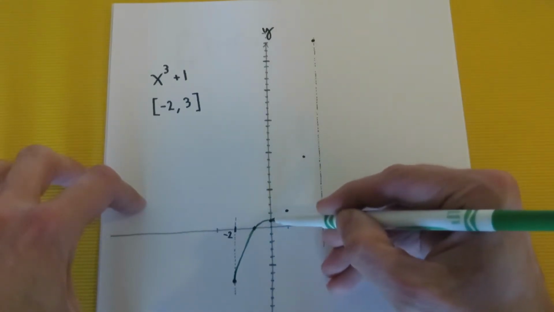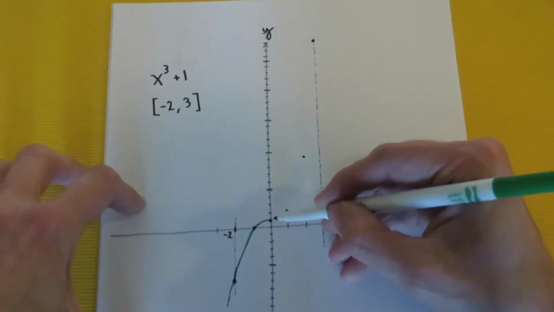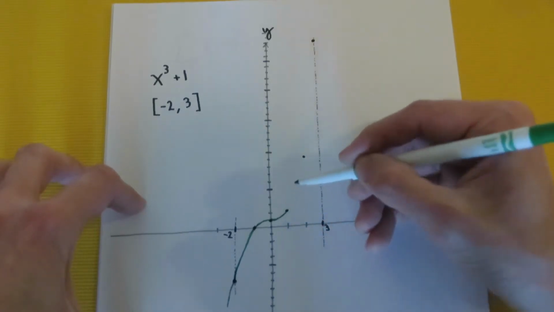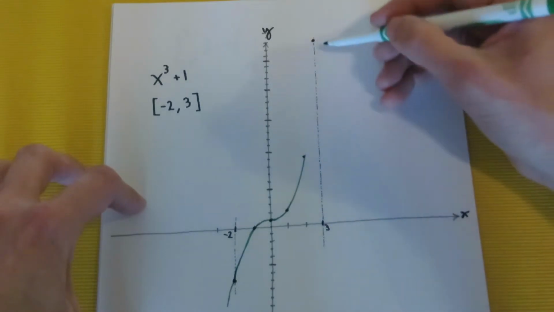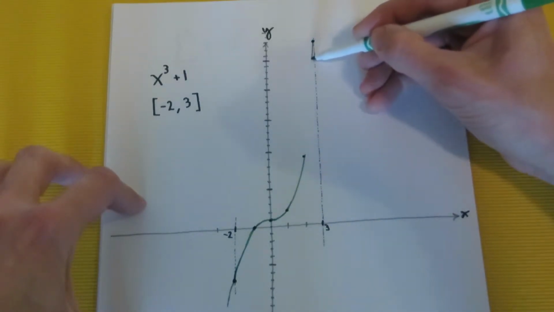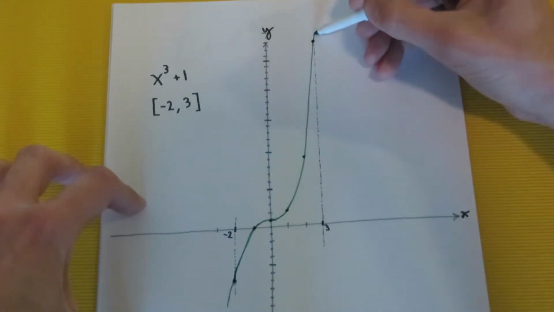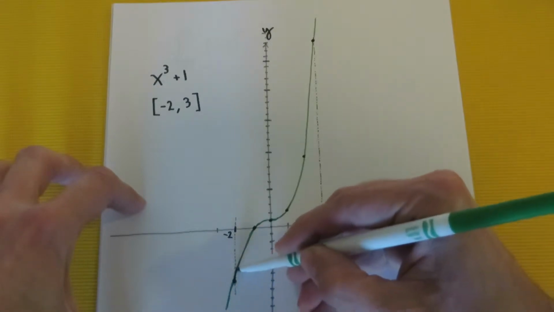So this would continue, obviously, and this is going to curve upward and hit that point. It's going to go up to there, and then finally all the way up to there and beyond. So this is going to be our function here.